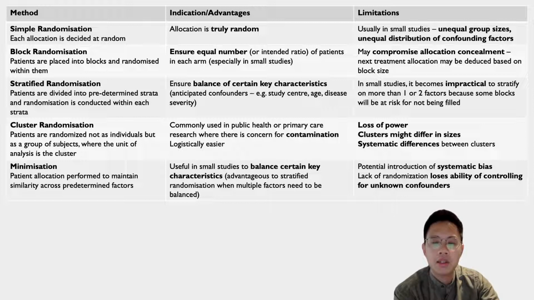Sometimes minimization is used in an absolute form. Sometimes it is paired with a degree of randomization that helps to imbue that important randomization factor that we want in order to control for both known and unknown confounders.